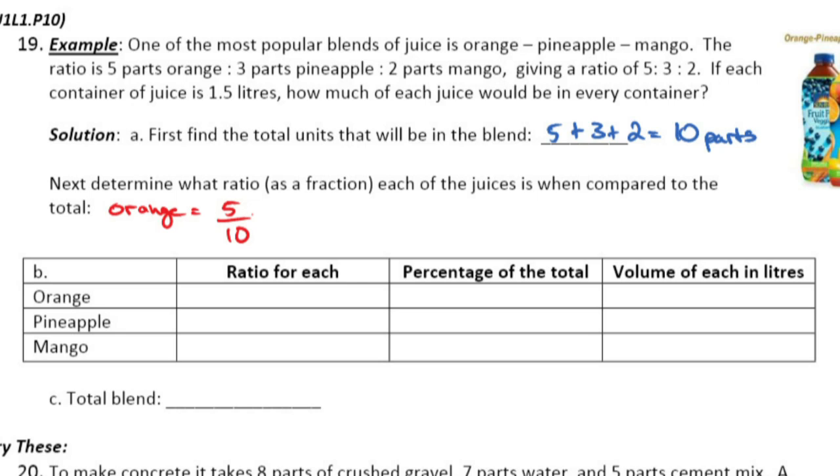So 5 out of 10 are orange. Pineapple, I had 3 parts pineapple and 10 in total, so 3 out of 10 are pineapple. And mango, I started with 2 parts of mango and 10 parts total. So 5 out of 10 is orange, 3 out of 10 is pineapple, and 2 out of 10 is mango.